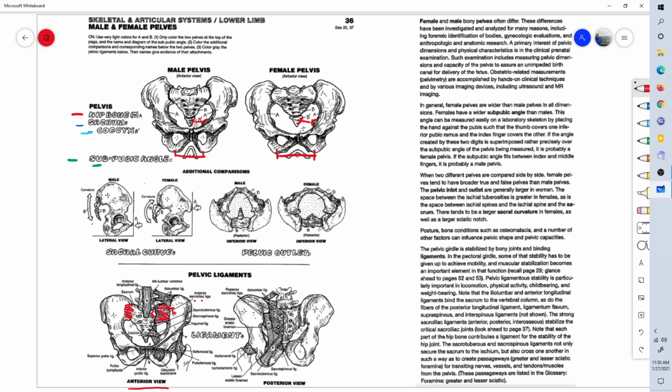Running along the anterior portion of the spine, or the front of the spine, is the anterior longitudinal ligament. This ligament runs all the way up and down the front of your vertebrae, and it notably attaches to the sacrum down here.